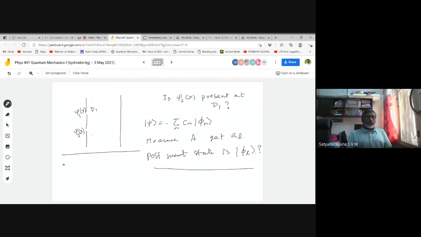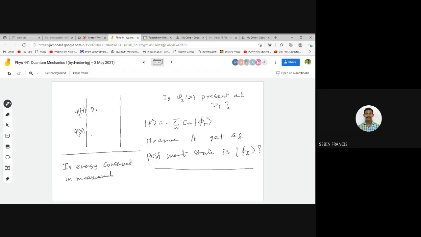Okay, so you're asking, is energy conserved in the measurement process? Yes, sir. I'm thinking that if we measure energy at one point, then the rest of the wave function's energy is left like that.